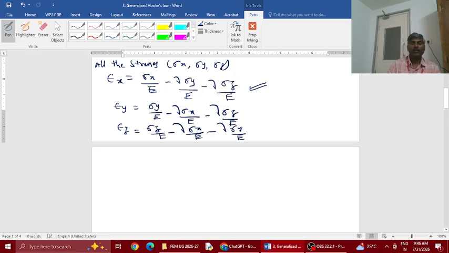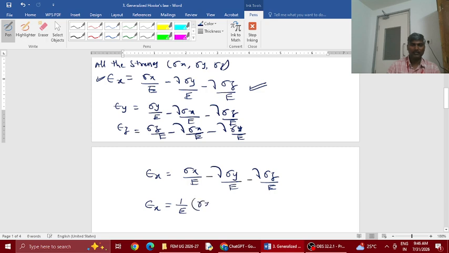So let us consider the first relation to develop the stress-strain relation. I am considering epsilon x is equal to sigma x by E minus nu sigma y by E minus nu sigma z by E. Now let us just rearrange the terms here: 1 by E, sigma x minus nu common from these two, so I will have sigma y plus sigma z.